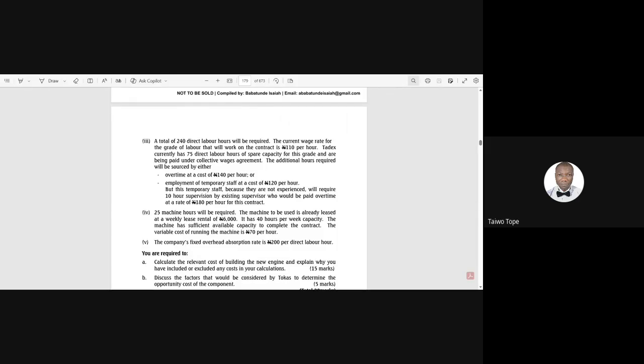What is that thing you are giving them extra for them to supervise for 10 hours? How much will you pay them per hour? 180. 180 multiplied by 10 is 1,800, plus the amount you are paying the temporary staff.